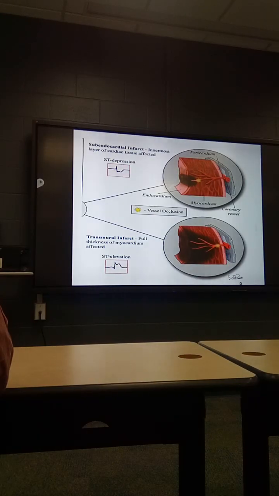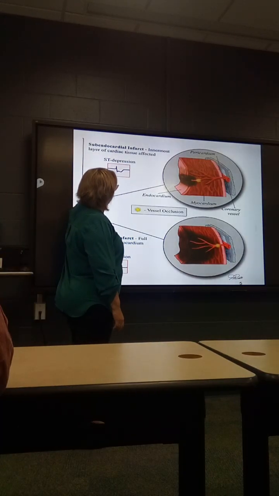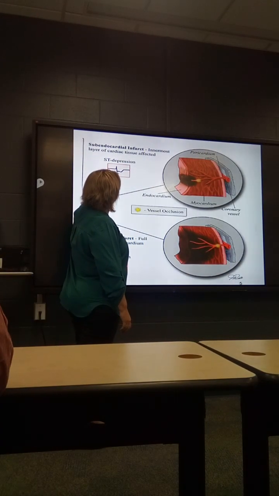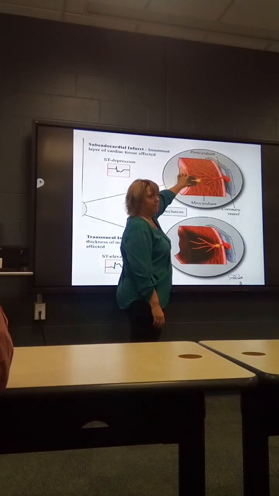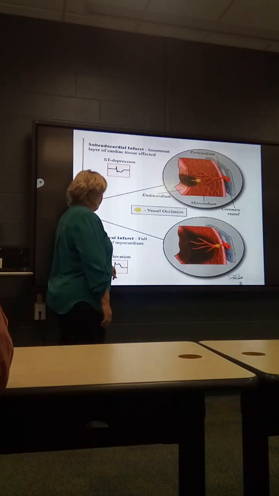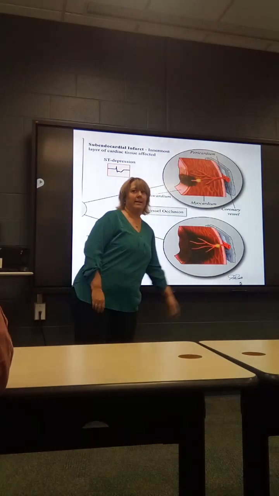But here's the difference. See that top picture? This is that non-STEMI. The ST is depressed, but only a partial part of that cardiac wall is necrotic. Where with ST elevation here, that whole heart muscle is necrotic, and that's the difference.